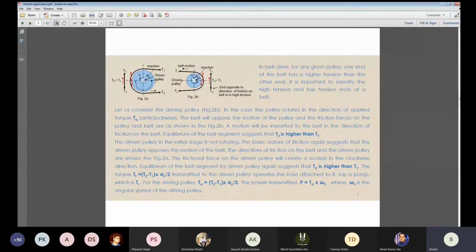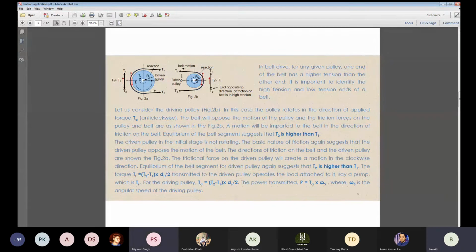In the equation T2 by T1 equals e to the power mu theta, you are determining the ratio of T2 to T1. Which one will be the lower value? For the driving pulley, it will be lower.